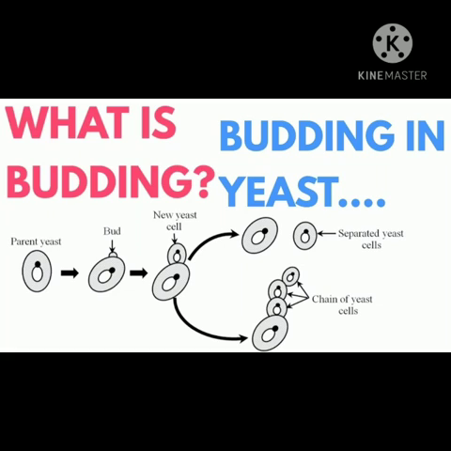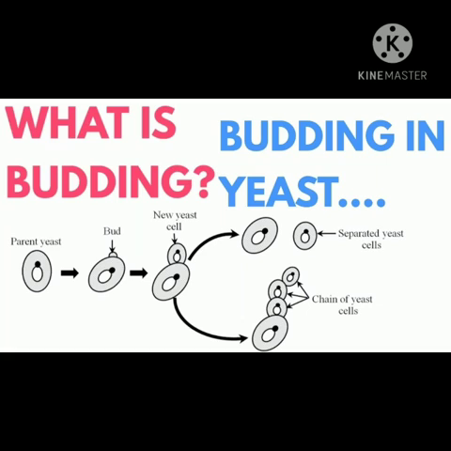First of all, a small bud appears as an outgrowth from the body of the parent cell. This you can see in the picture. In the second step, a small bud arises from the parent body. In the center of the parent body is a nucleus.